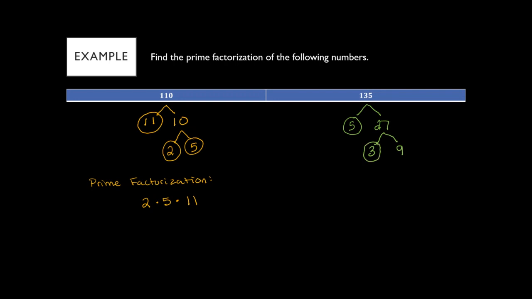3 is a prime number. And I can split 9 up as 3 times 3. So I have lots of 3s here. I kept branching out until I got to the bottom with these 3s. So the prime factorization is 3 times 3 times 3 times 5.